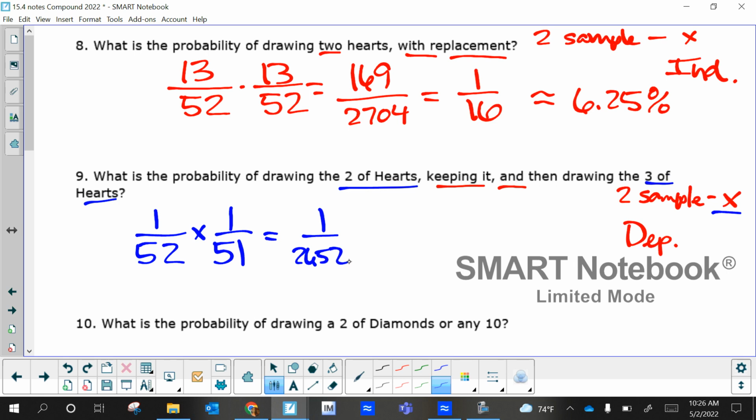That was a really low percentage. Let me make sure I get it right. 1 divided by 2652. So 0.04% chance of doing that. That's kind of tough.